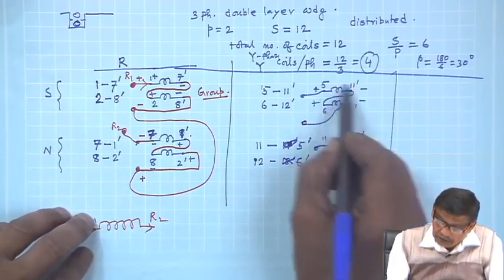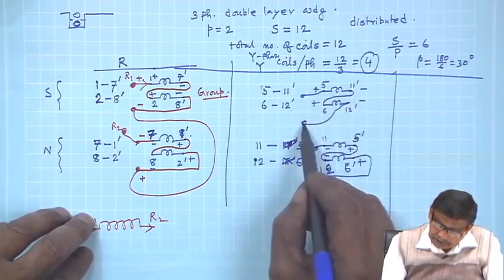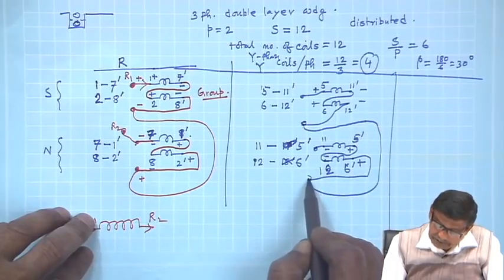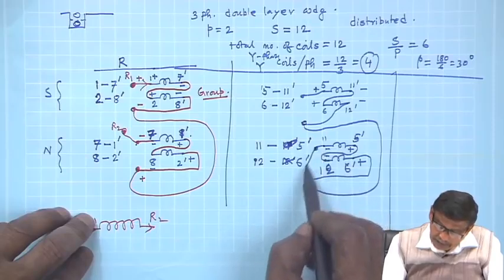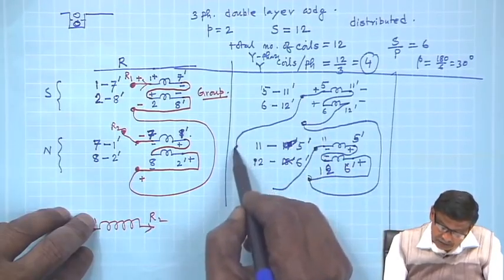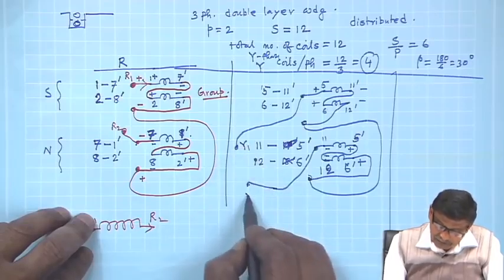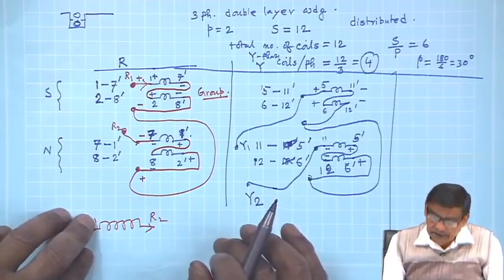You have to make all these 4 voltages in additive mode. So, plus minus, then you must have plus minus, and then if you trace another plus minus, and these two I will call the Y phase terminals, Y1 Y2, which is available to the user.